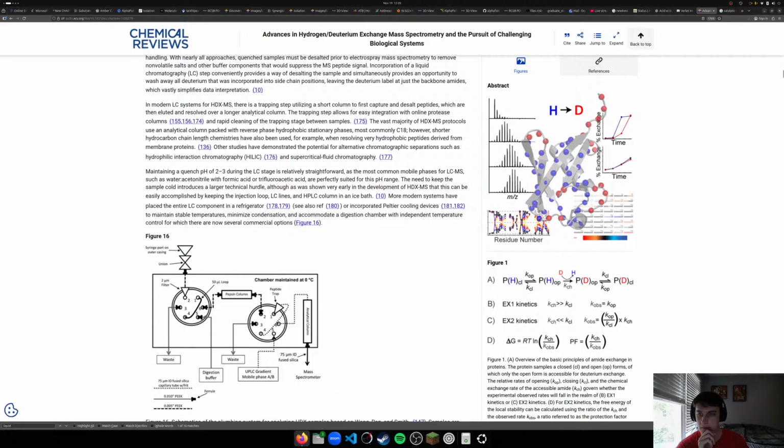The most common mobile phases, such as water and acetonitrile with formic acid or trifluoroacetic acid, are perfectly suited for this pH range. Keeping the sample cold introduces a large technical hurdle, although it was shown very early in the development that this can be accomplished by keeping the injection loop, LC lines and HPLC column in an ice bath. In a refrigerator, okay.